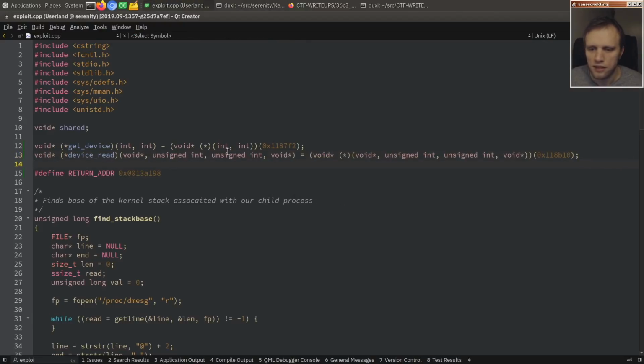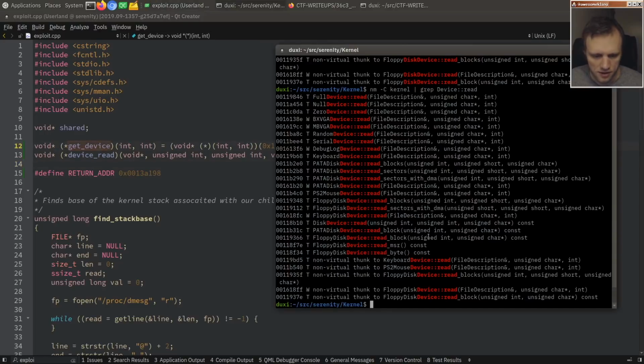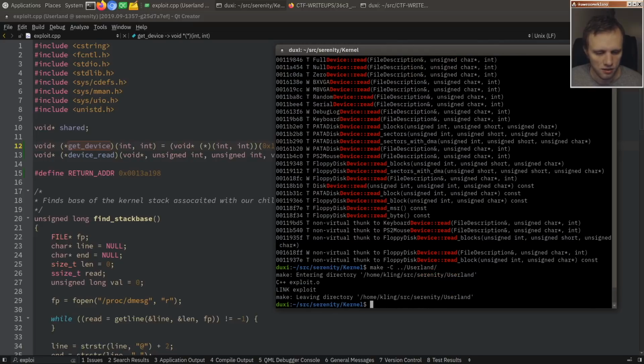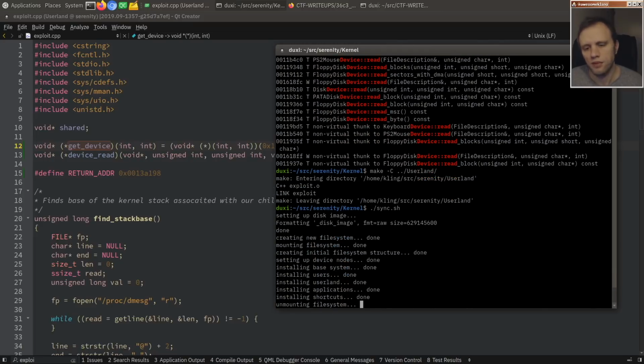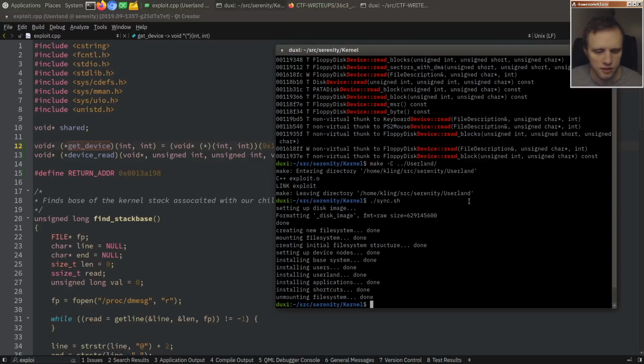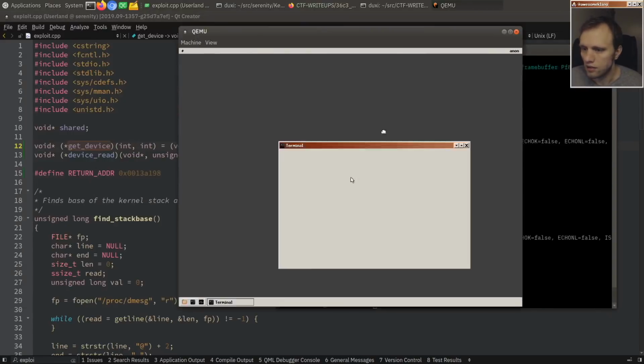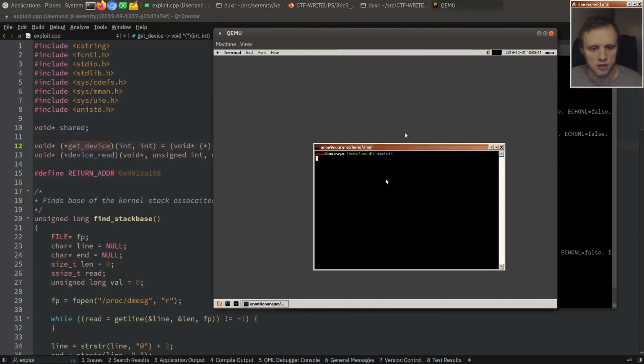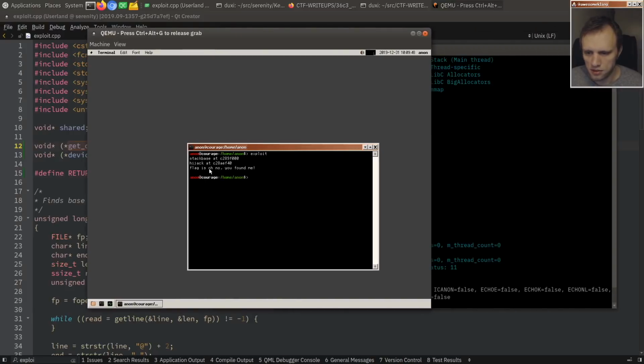Okay, so now we have the right offsets in the kernel that we are currently running, so that should allow us to actually run the exploit. We'll just rebuild it with these correct offsets, and we'll try to run the exploit, and ta-da! It finds the flag.